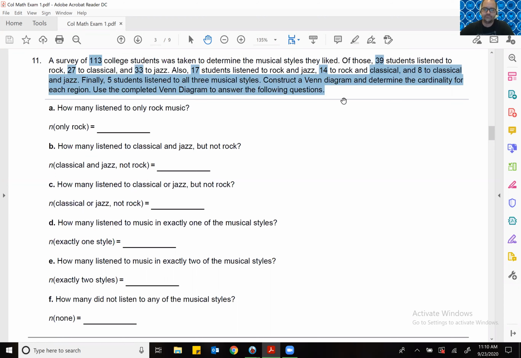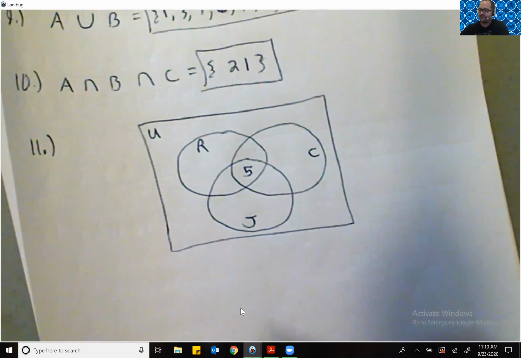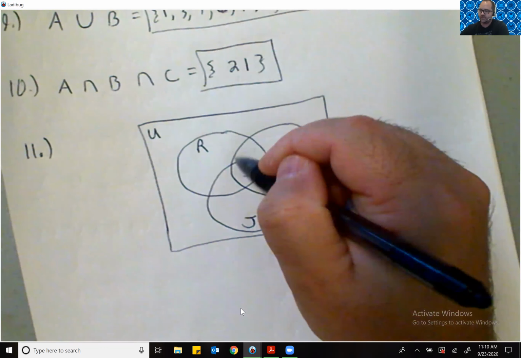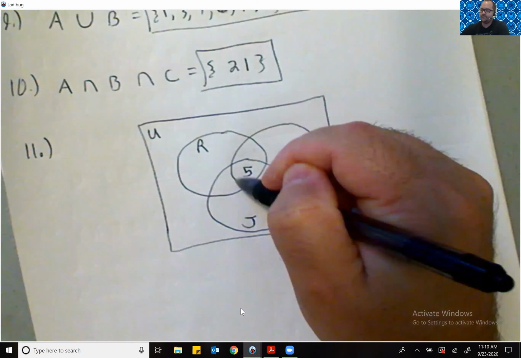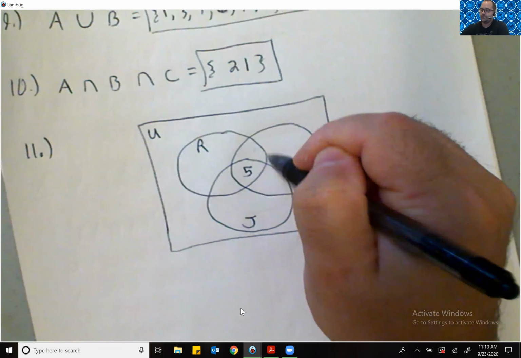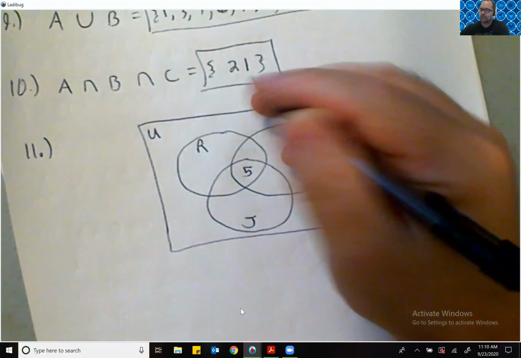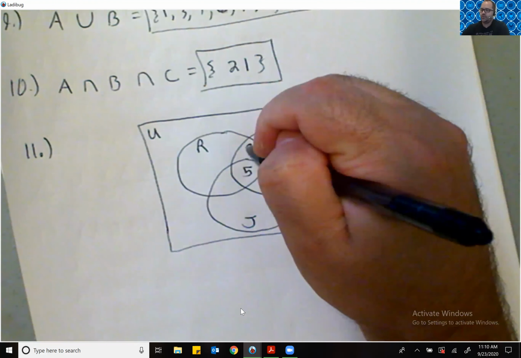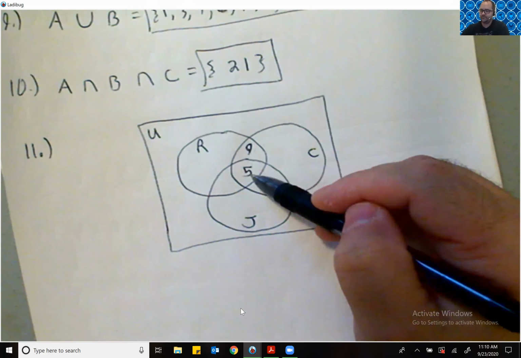We're going to put whatever 14 minus 5 is, because that 14 is made up of this entire section. So what is 14 minus 5? 9. That's how many listen to just rock and classical, because if I take 9 plus 5, I get the 14.